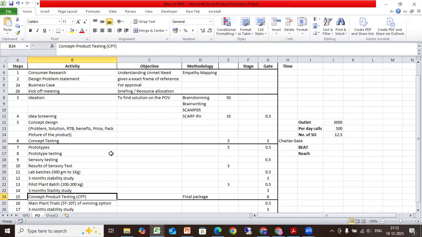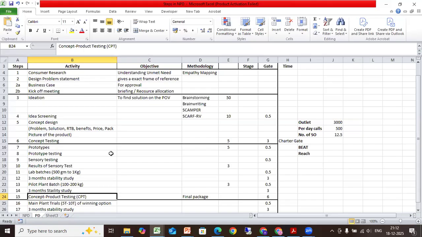Is Kavya there online? I think she can help with this. What is CPT? As I said, concept product testing is where you choose 200 customers from north, east, west, south, and 200 samples are given and tested against a protocol, let it be monadic or sequential monadic, which we discussed yesterday.